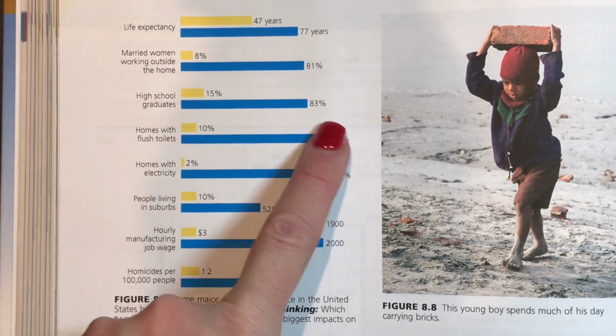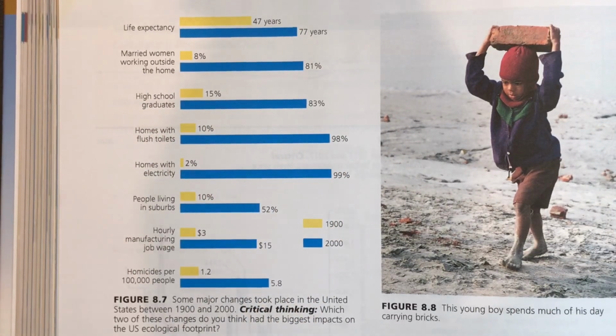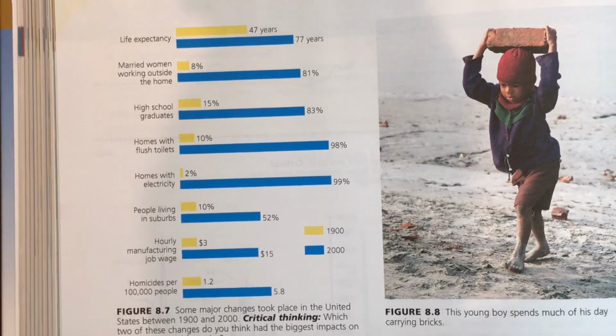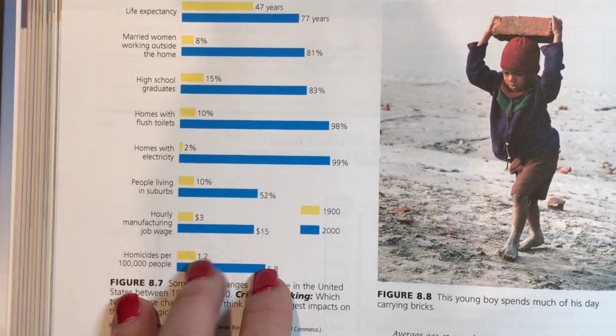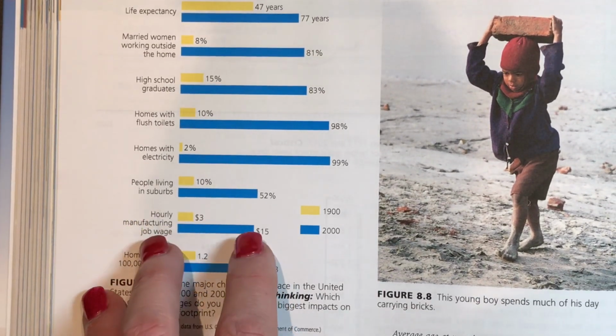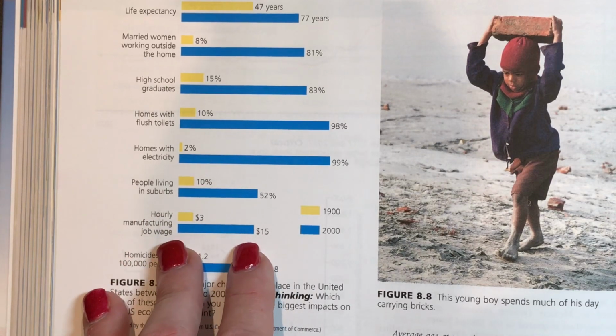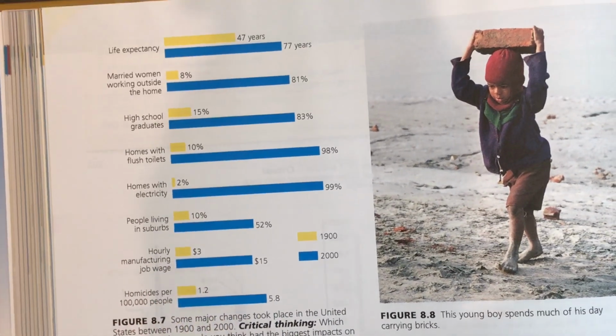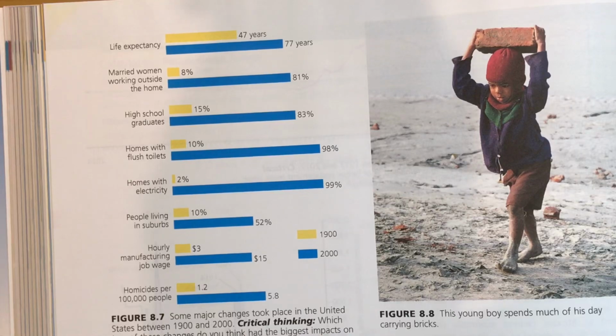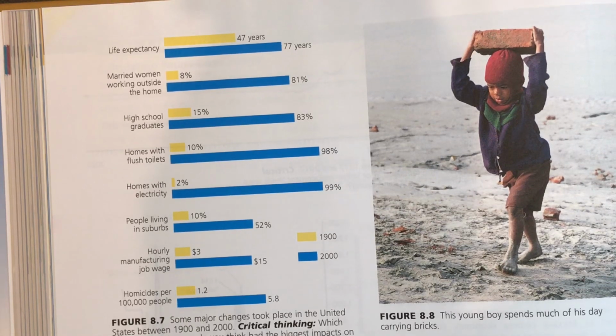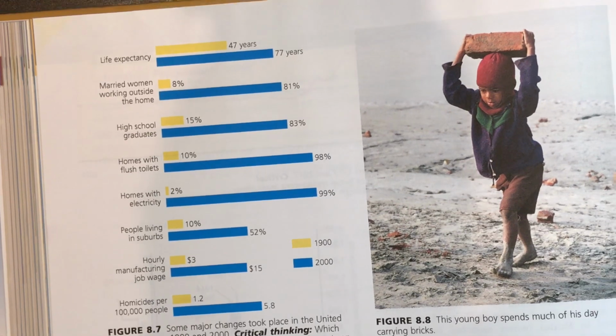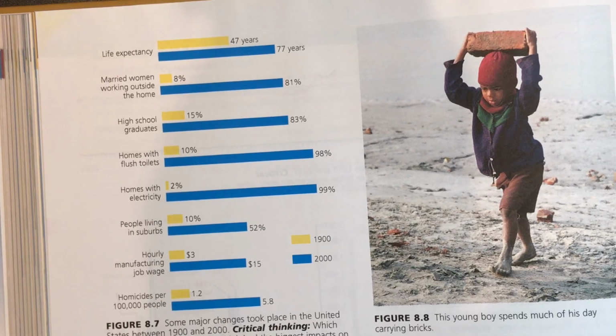Homes with a flush toilet, sanitation, right there. And remember, an increase in wages also means that you have an increased ability to pay for and access health care, both for yourself as an adult and then also prenatal care to enhance the ability for a woman and her unborn child to make it through pregnancy and childbirth.